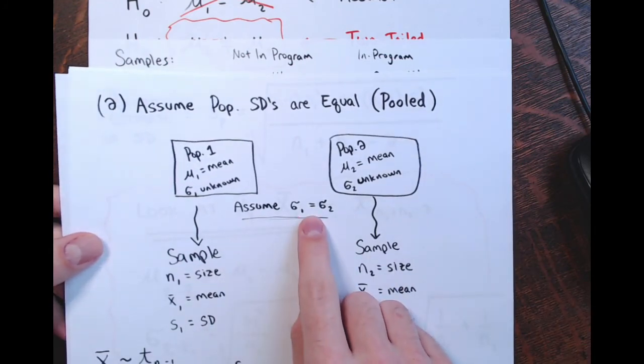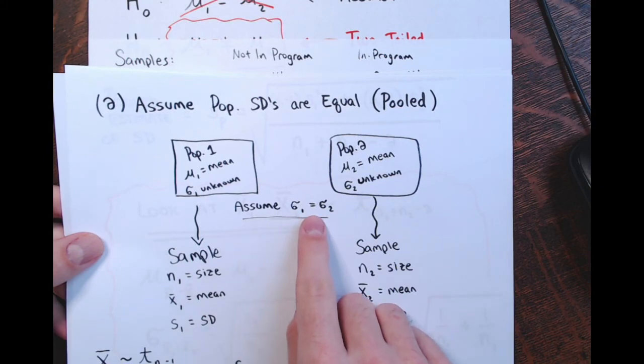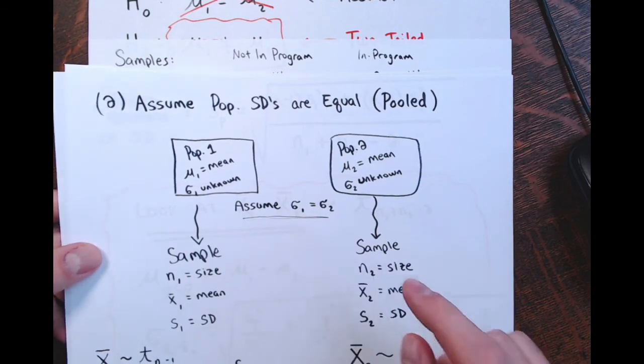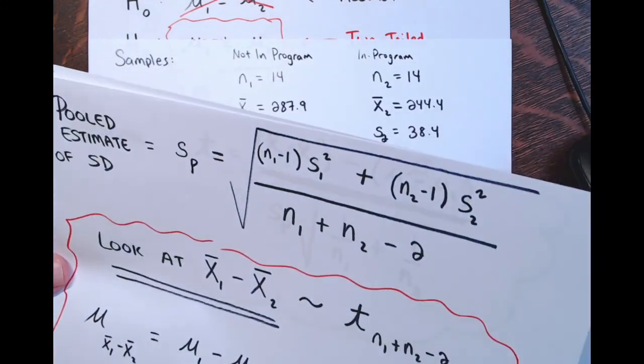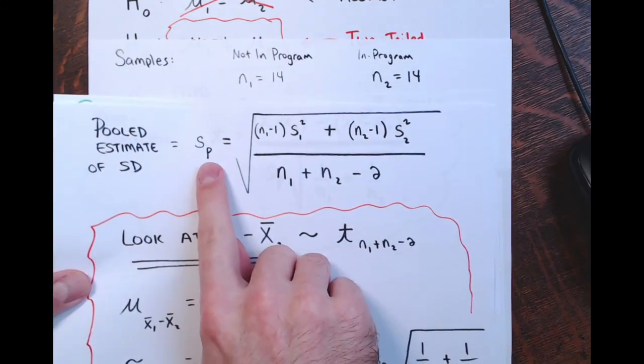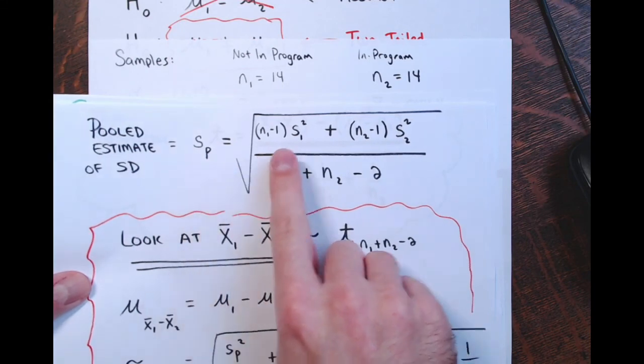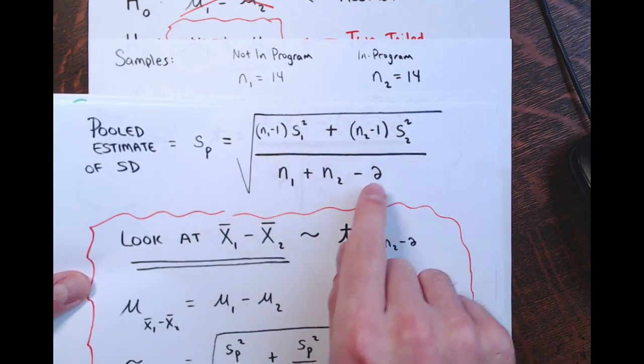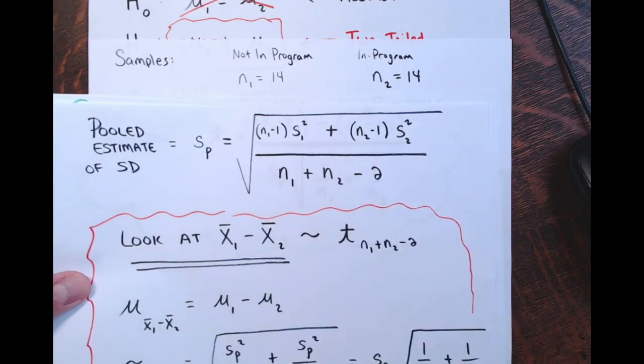If it's ever mentioned that they are assuming that the population standard deviations or the population variances are equal, then you have to calculate this Sp, this pooled standard deviation.